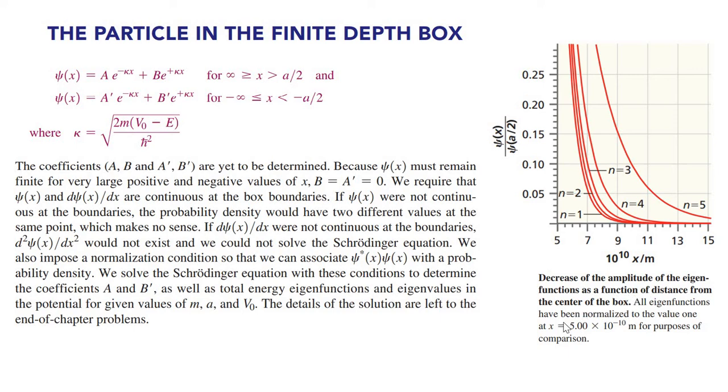If you take one variable as the distance from the center of the box, either left or right, then because of the functional nature, A is non-zero, B prime is non-zero, and with minus kappa x, it is a kind of radioactive decay. So the graph looks very close to that of radioactive decay, first order kinetics. Here it is the scaled wave function versus the distance. That much we can say from the expression itself.